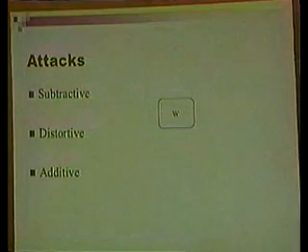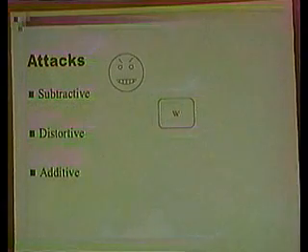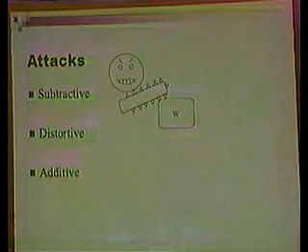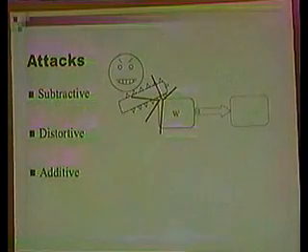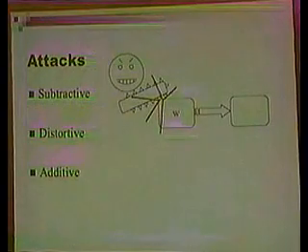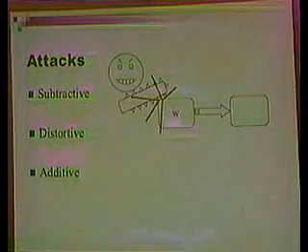One of them is subtractive, which means that you take a medium, which I represent here as that rectangle, and I use W as watermark because usually a lot of these attacks are against watermarks. And basically the idea is to try to take the W out of the rectangle.